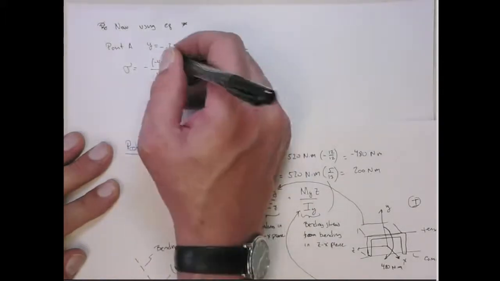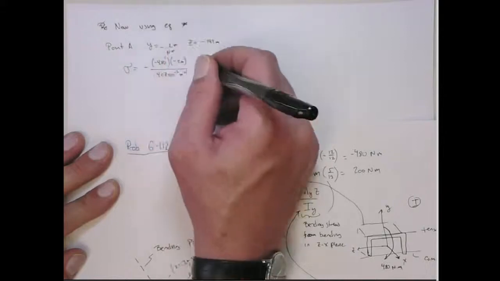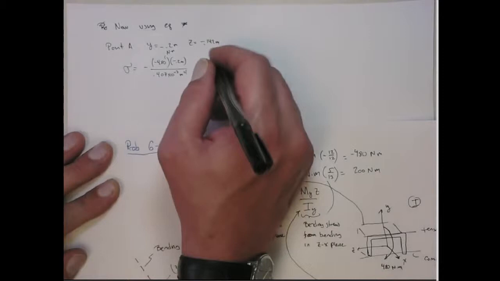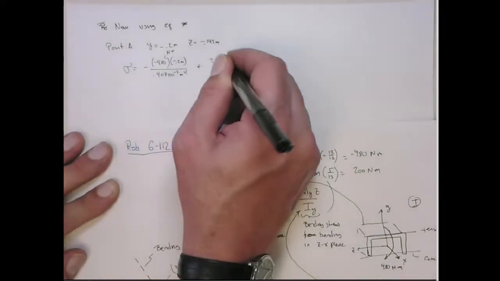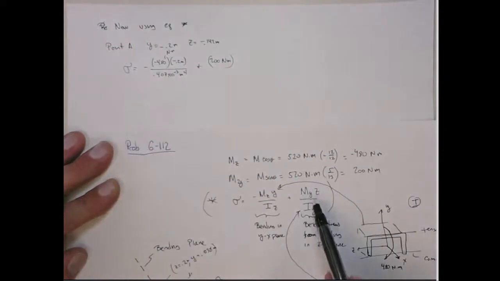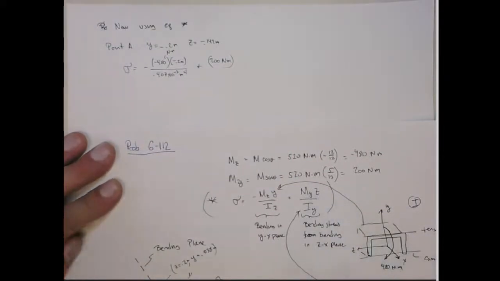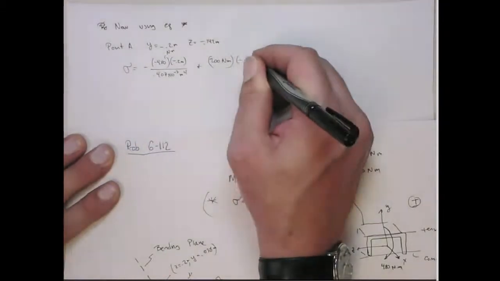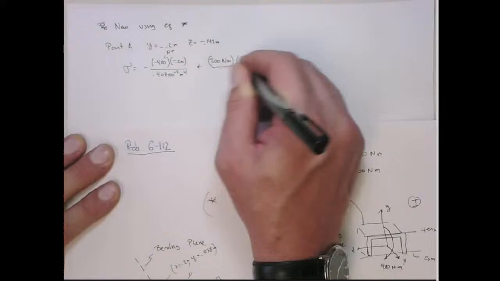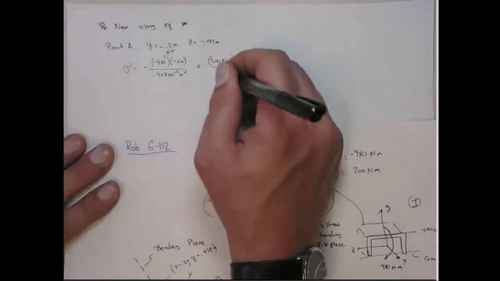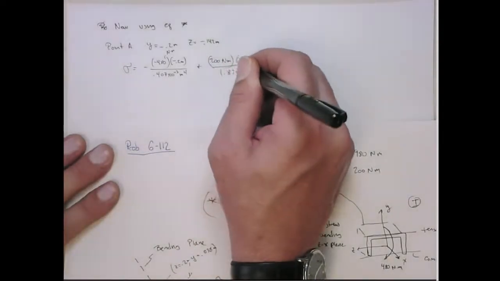And then we get plus the y moment, which is a positive 200 Newton meters, times the z distance, which is minus 0.142 meters, over the y second area, which is 1.82 times 10 to the minus third meters to the fourth.